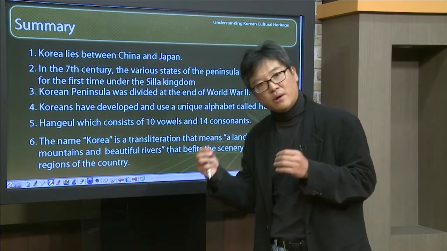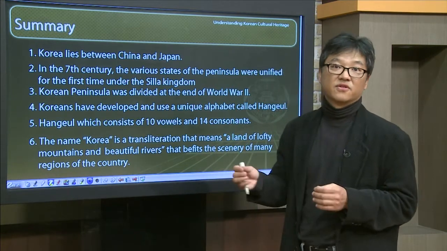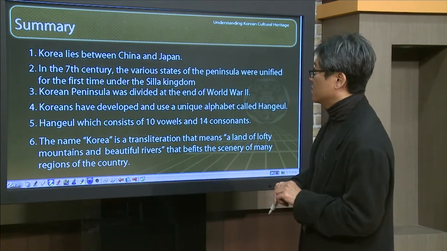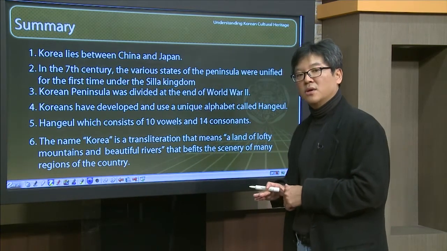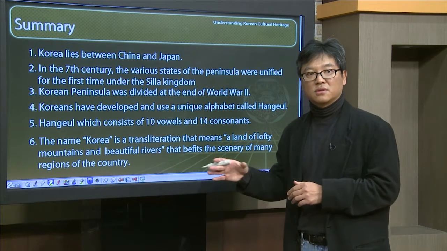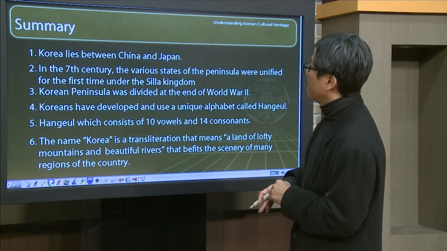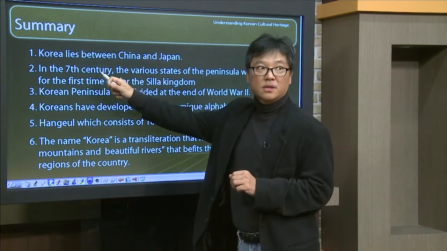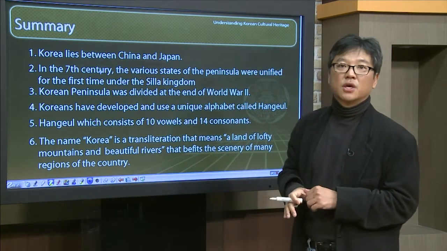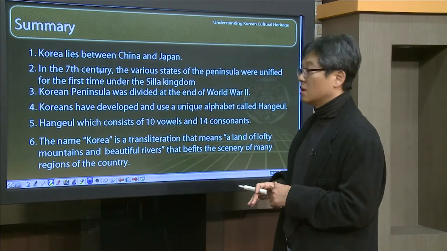There are similarities and, at the same time, differences among these nations. That's a very interesting topic you can further investigate during the rest of the class. And it was only in the 7th century that the Korean Peninsula was first unified by the Silla Kingdom.